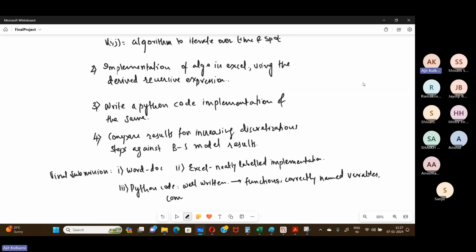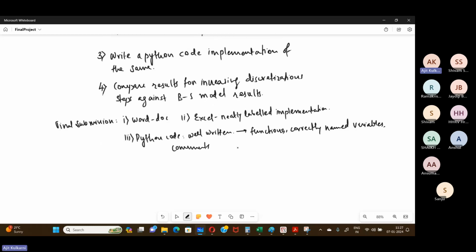Okay, and fourth part is graphs, right? Comparison graphs.